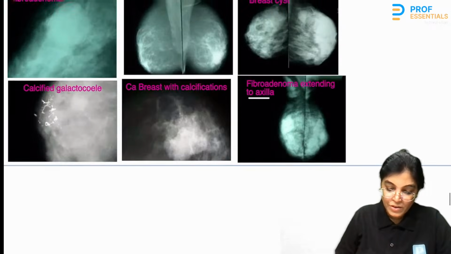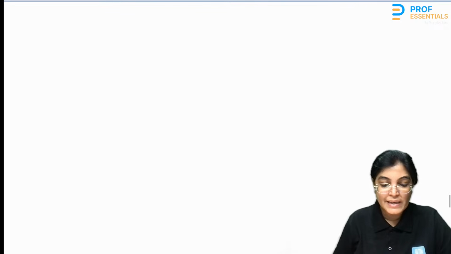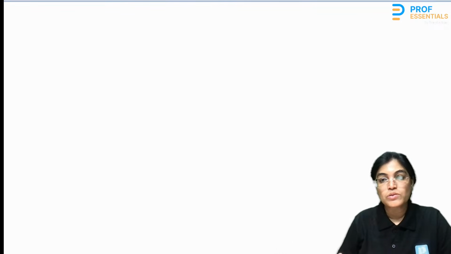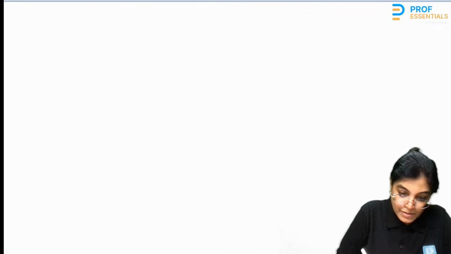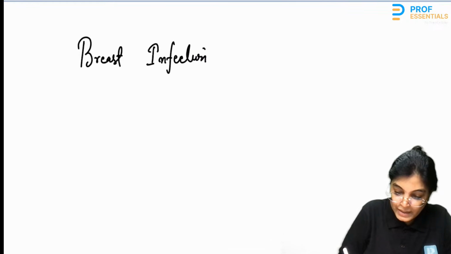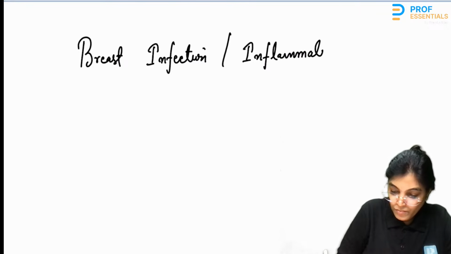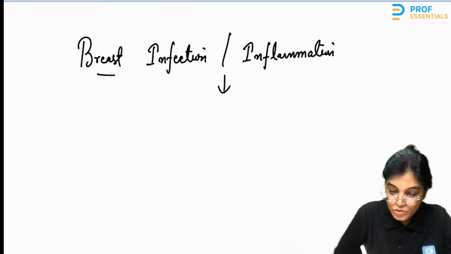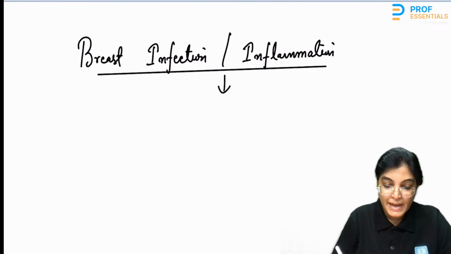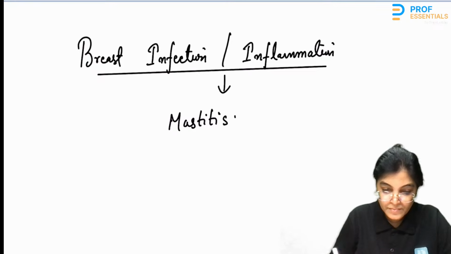Now, a few more applied points. We have done many of the applied already. Breast infections and inflammations: if there is infection and inflammation in the breast, the term used is mastitis.